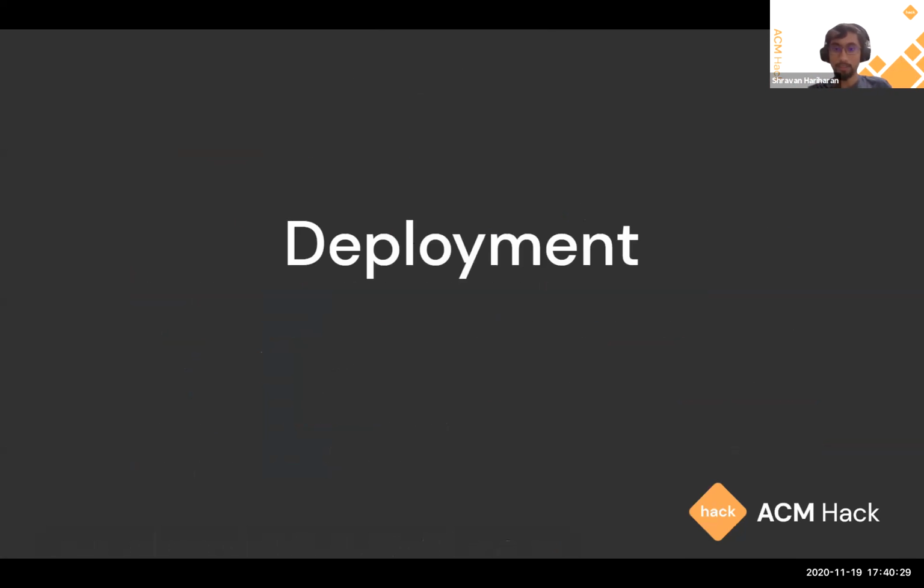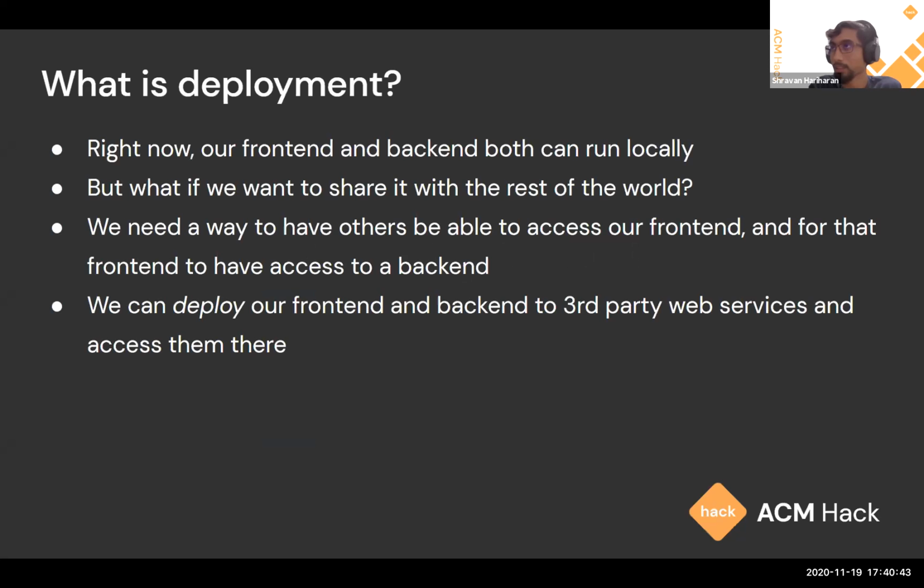Okay, cool. So let's talk a little bit about deployment. This is more conceptual, so if you still need to figure out your code, you can do that while I'm going over this. So what is deployment? Right now our application is running on a front end and a back end, but we're running them locally. We have localhost 3000 for our client, and localhost 5000 for our server.